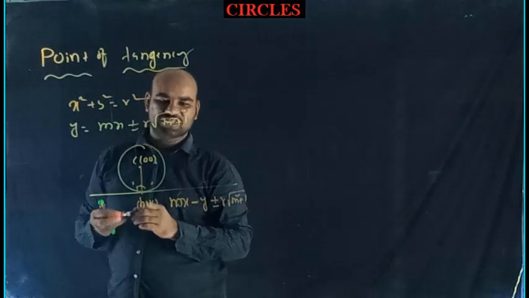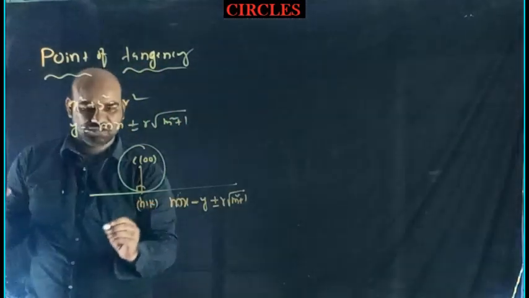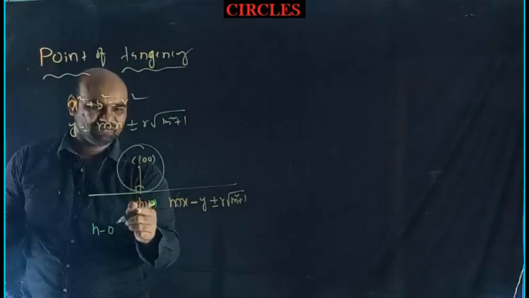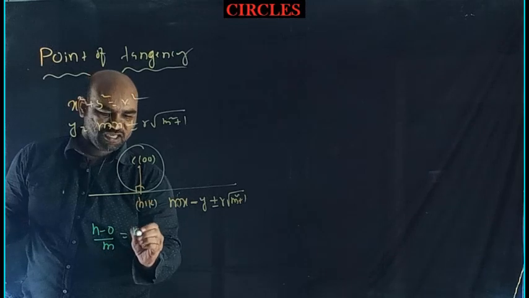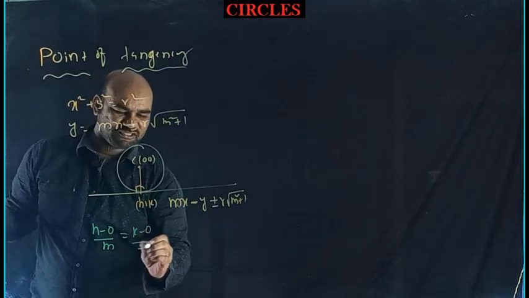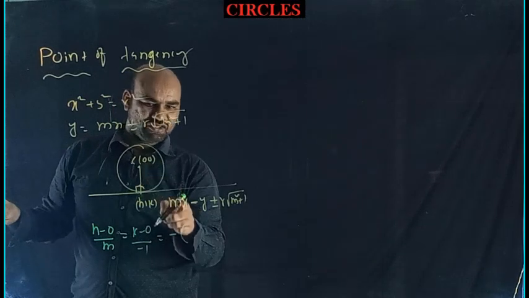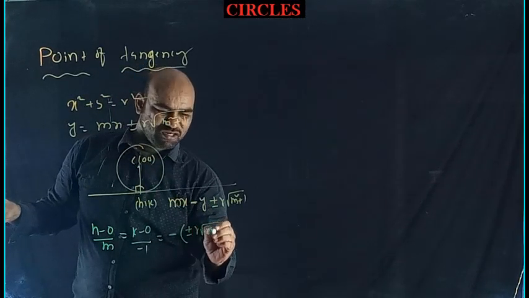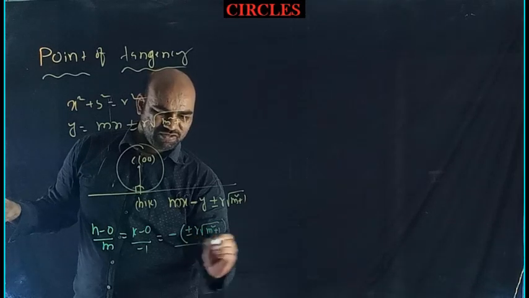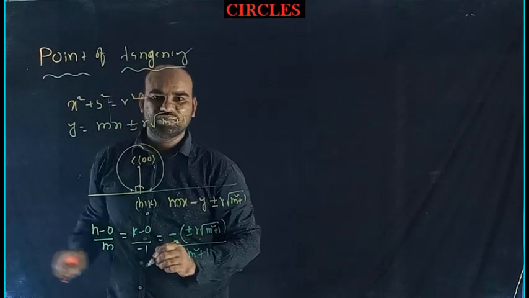Now I want to find (h, k). Just now I explained the formula. Foot: (h minus 0) by coefficient m equals (k minus 0) by minus 1 equals minus times (0 plus r minus r into root over m square plus 1) by a square plus b square, that means m square plus 1.